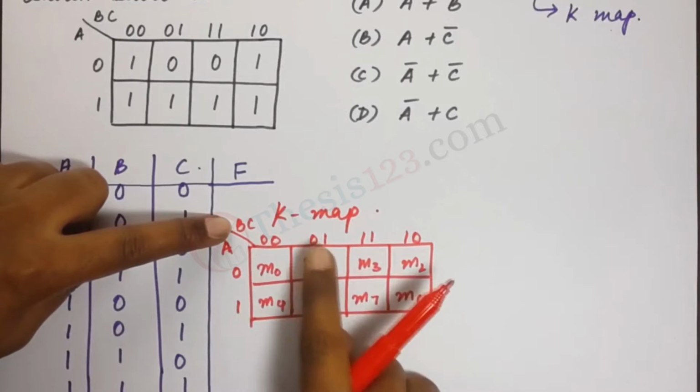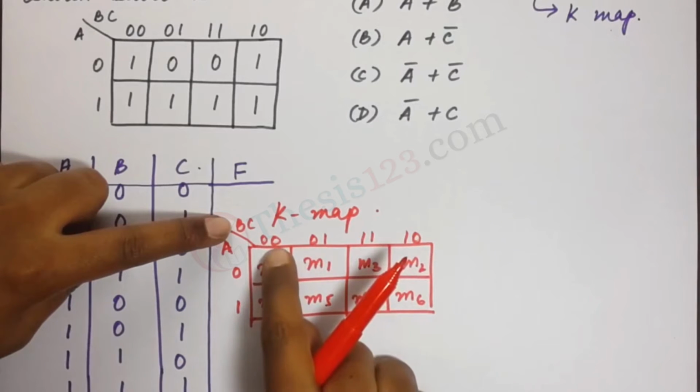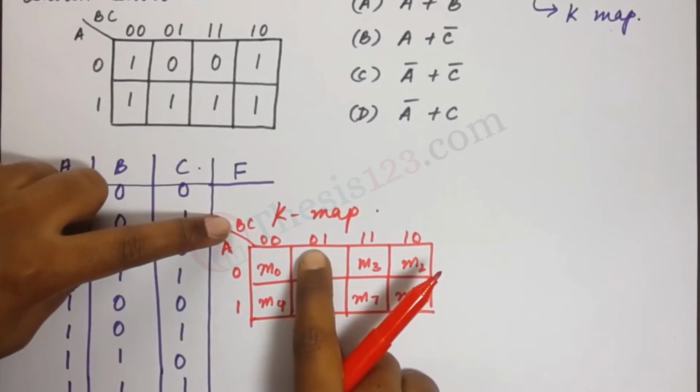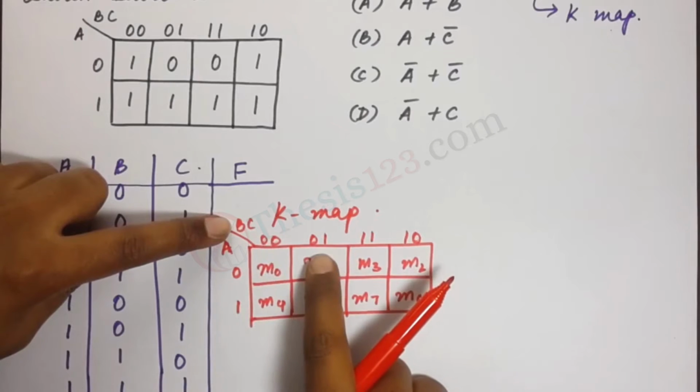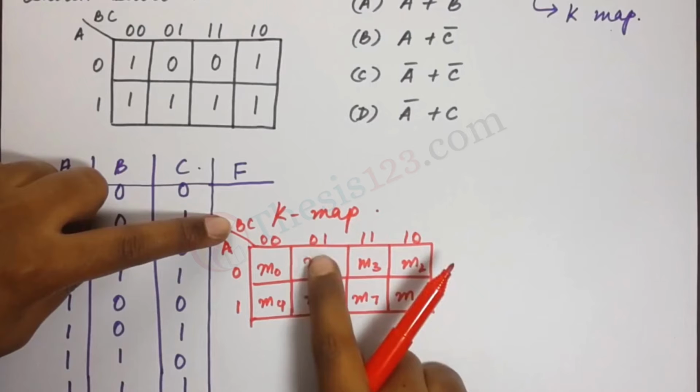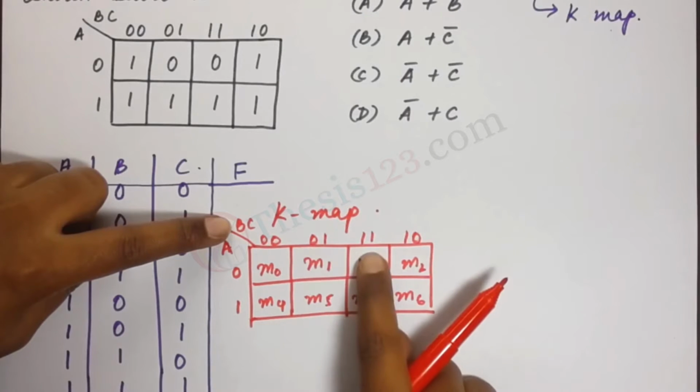So from 0, 0 to 0, 1 there is just a change of C. C changes from 0 to 1 while B remains 0. B cannot change as well. There should be just one change. Similarly here, BC is 0, 1, and then BC is 1, 1. Now what is changing here?